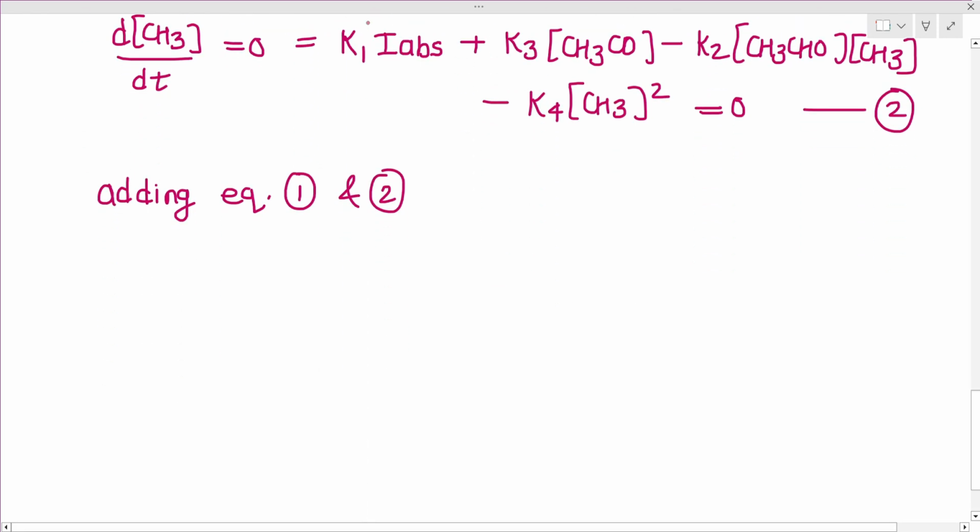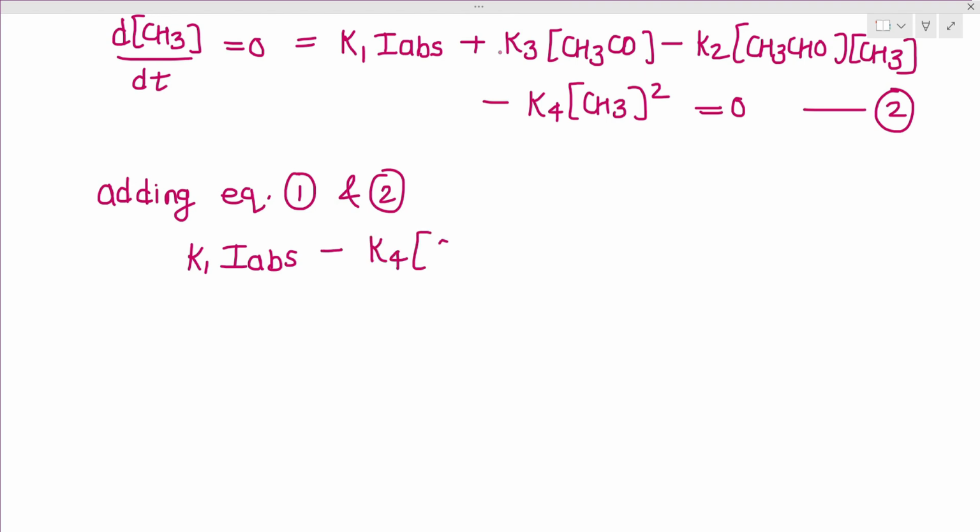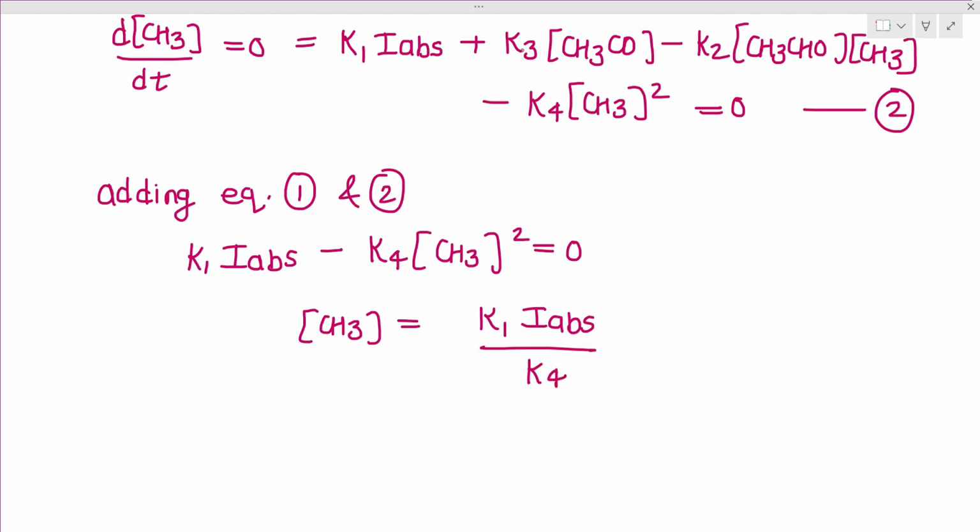Okay, you are getting, what you are getting? You are getting k1 I absorbed minus k4 [CH3] whole twice is equal to 0. Okay, or you can write the concentration of CH3 is equal to k1 I absorbed divided by k4 to power half in this manner.